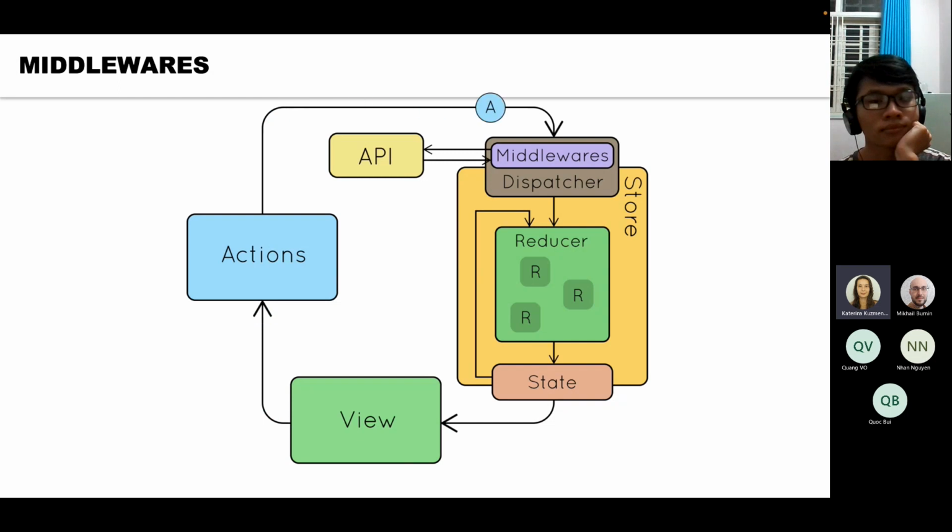It provides a third-party extension point between dispatching an action and the moment it reaches the reducer. People use Redux middleware for logging, crash reporting, talking to an asynchronous API, routing, and many more. While middleware can be used for a variety of things, including asynchronous API calls, it's really important that you understand where it comes from.